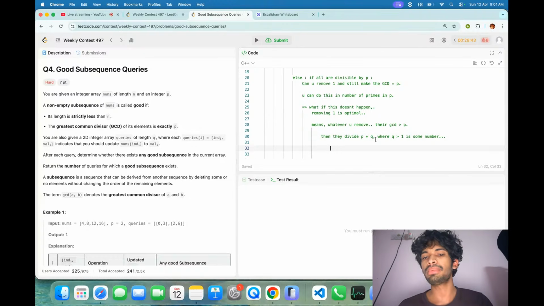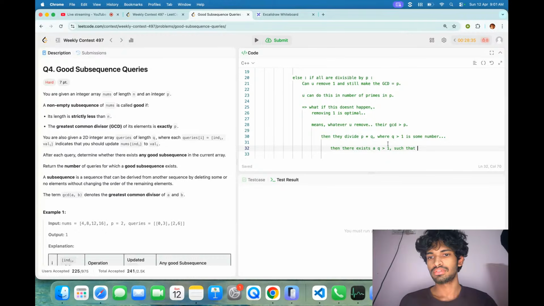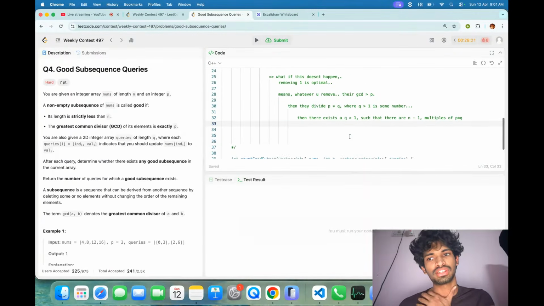So if this happens, then there exists a Q greater than 1 such that it divides all of them. There are n minus 1 multiples of P times Q. See, now this is necessary and sufficient. It's all about necessary and sufficient. All the problems are about necessary and sufficient.